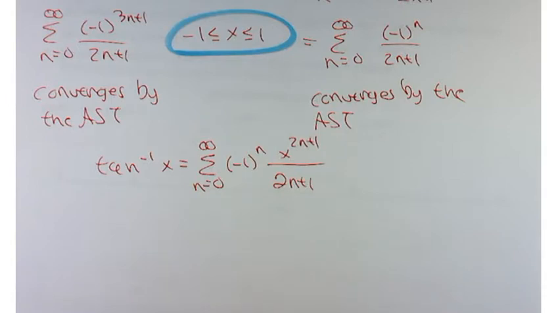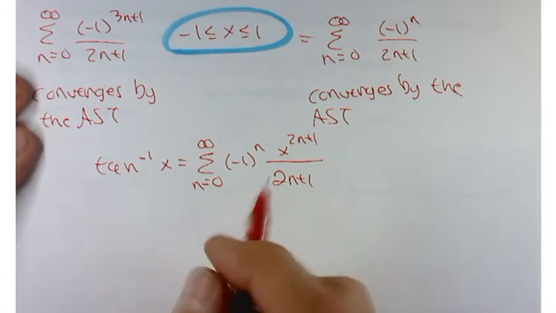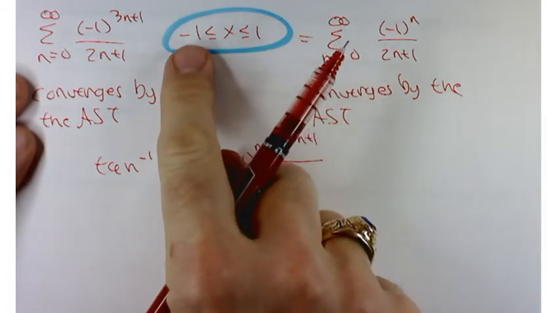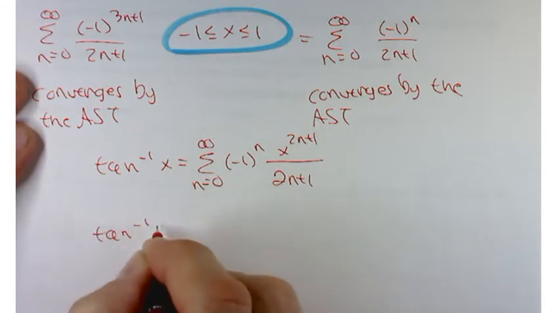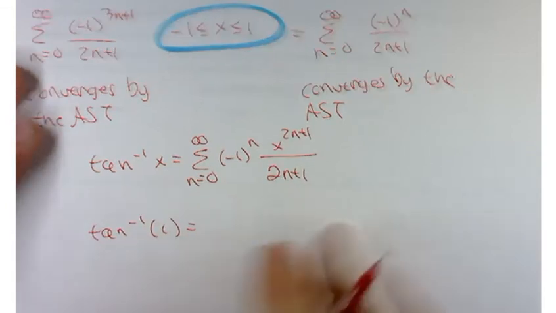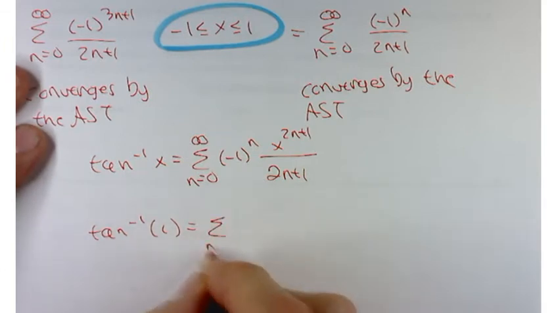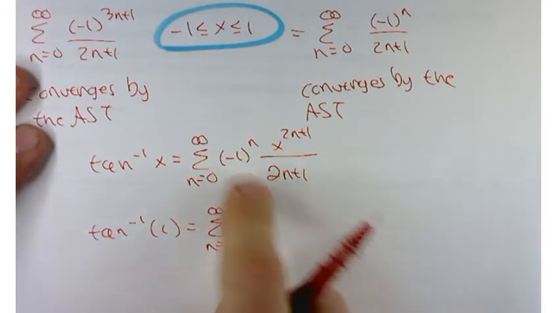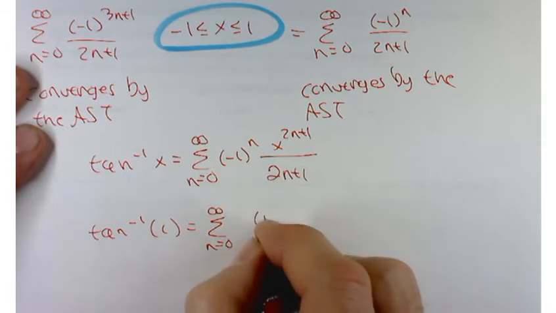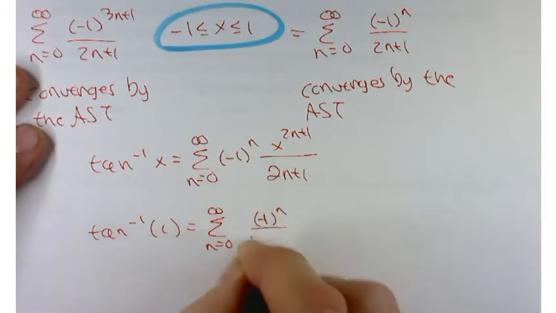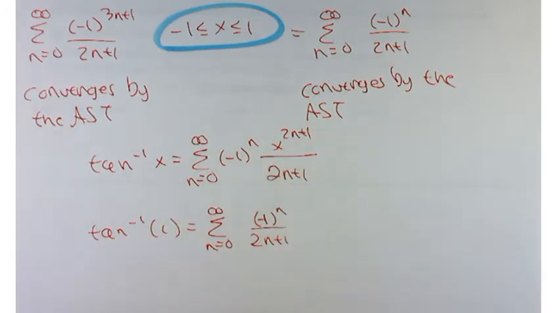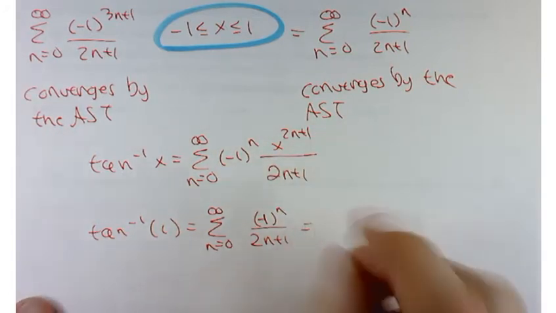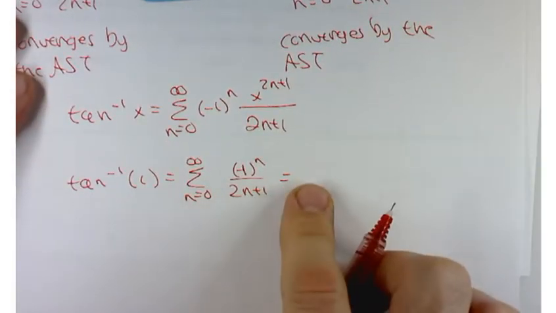We've got the inverse tangent, the arctangent, and this works at negative 1 and 1. In particular, let's take a look at what happens at 1. Tangent inverse of 1 is the sum from n equals 0 to infinity of negative 1 to the n over 2n plus 1. 1 to the 2n plus 1 just disappears. It's just 1. So what does that series look like? What would the first few terms in this series be?